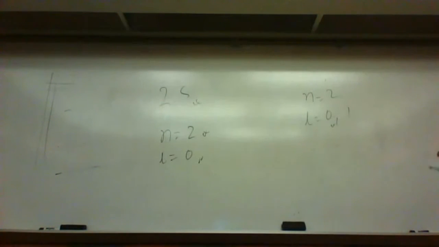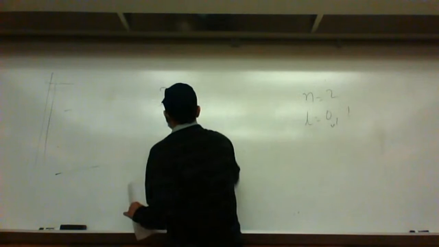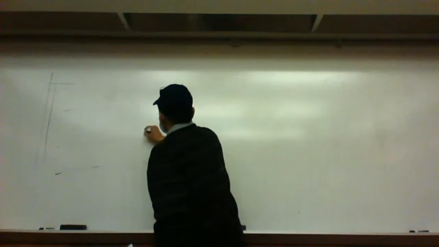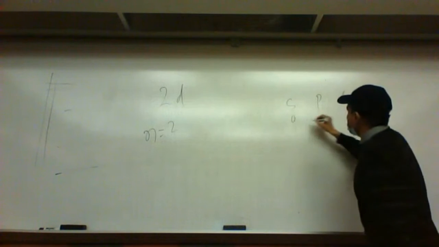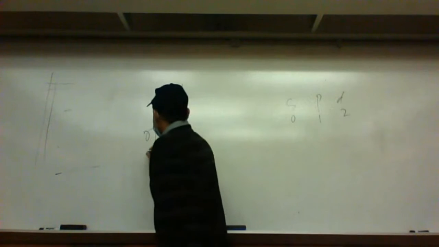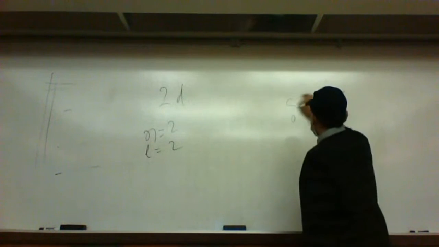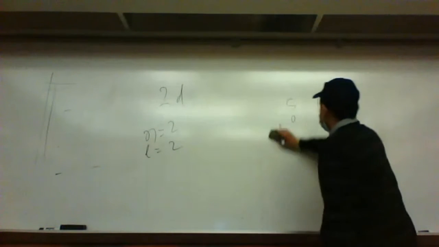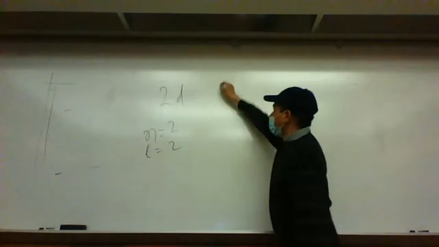Now let's look at another one, 2D. Is it possible or not? Let's look at 2D. So n is 2. So S is 0, P is 1, D is 2. So here L equals 2. D means 2. These are the azimuthal quantum number, S, P, D. D means L equals 2. Now let's write the quantum number, to see if it is right or not.